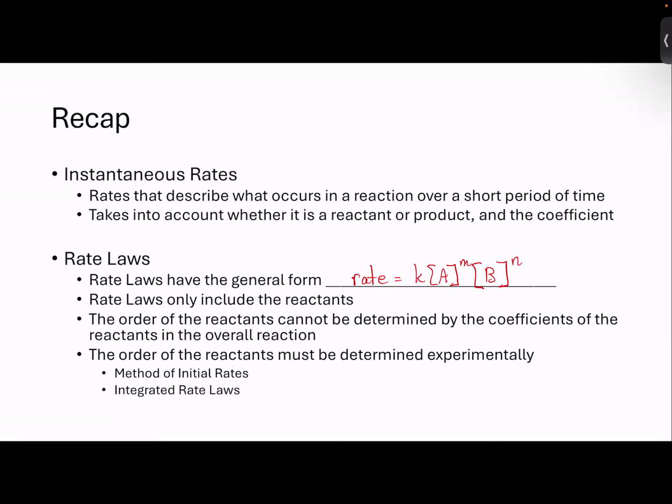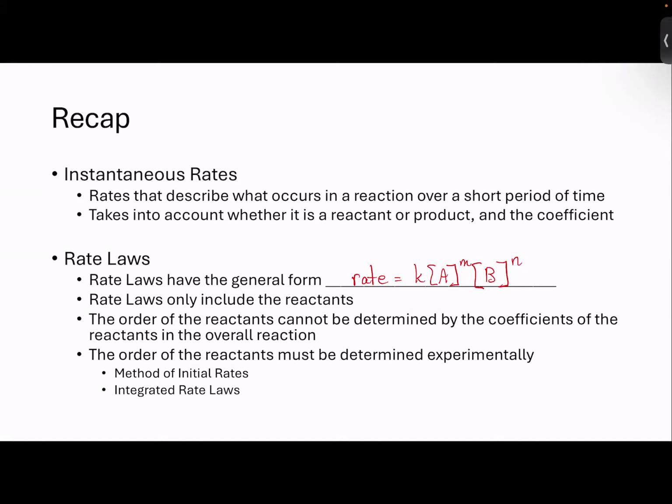Now, these orders, this m and n in the general rate law, cannot be determined by the coefficients of the balanced chemical equation, meaning you don't pay attention to coefficients with rate laws.